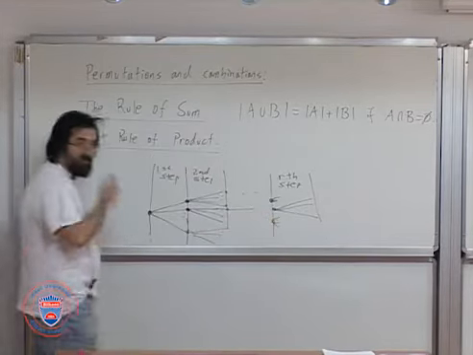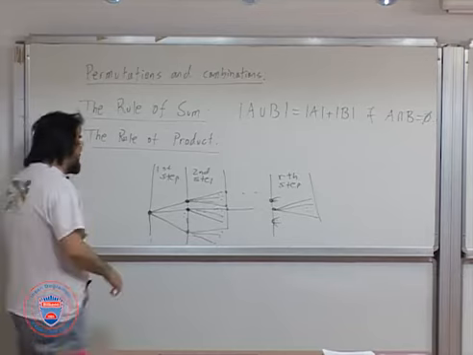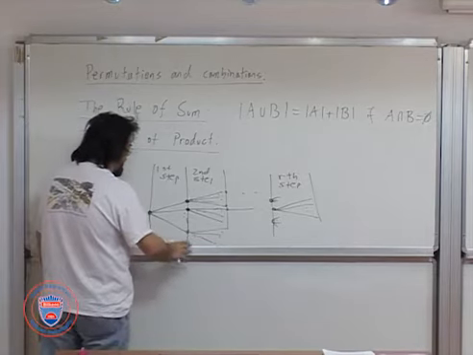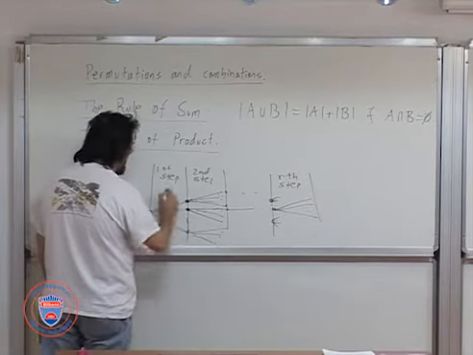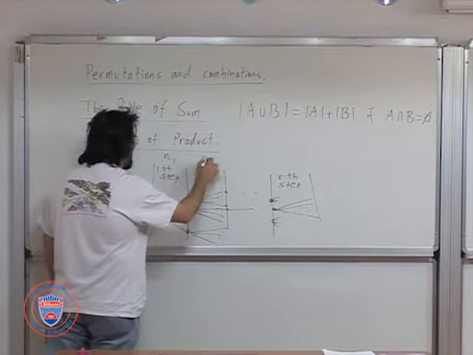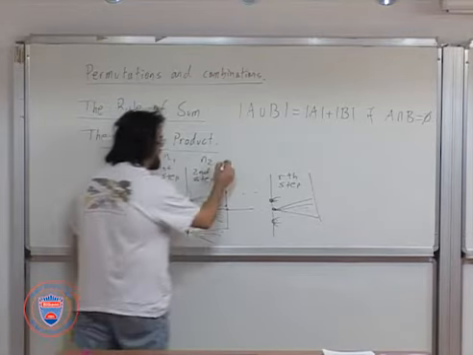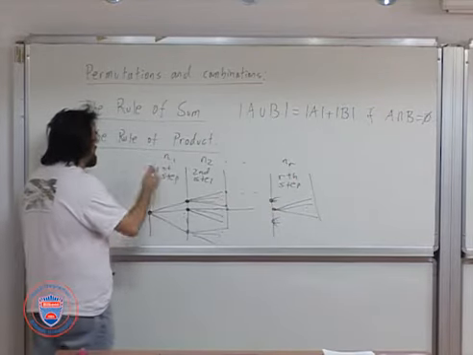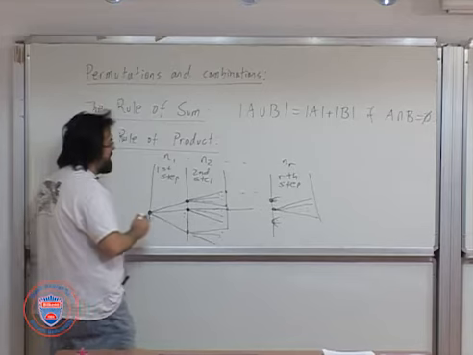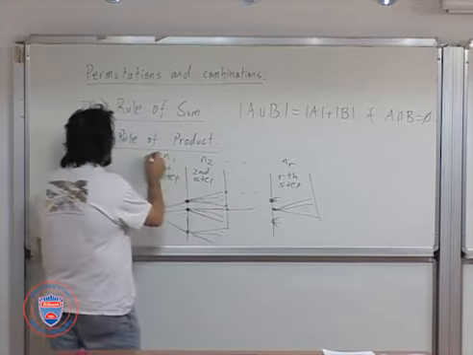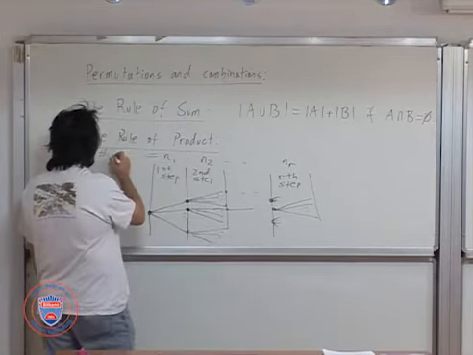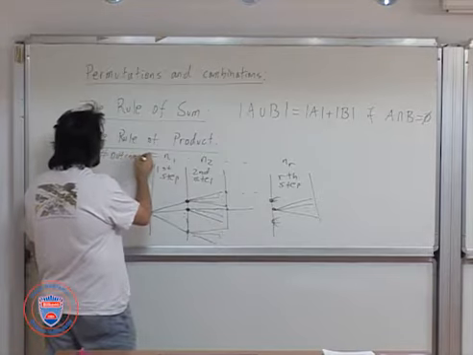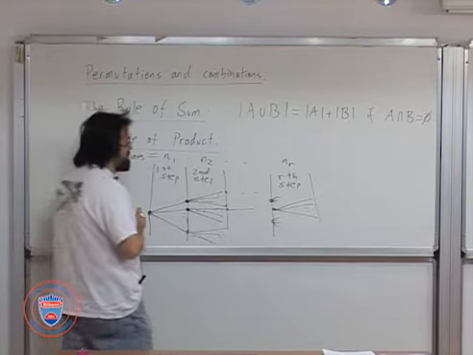If this is the case, then you count the number of outputs on each step and say this is N1, this is N2, and then NR, and the number of ways to do this procedure is exactly the product of these numbers.